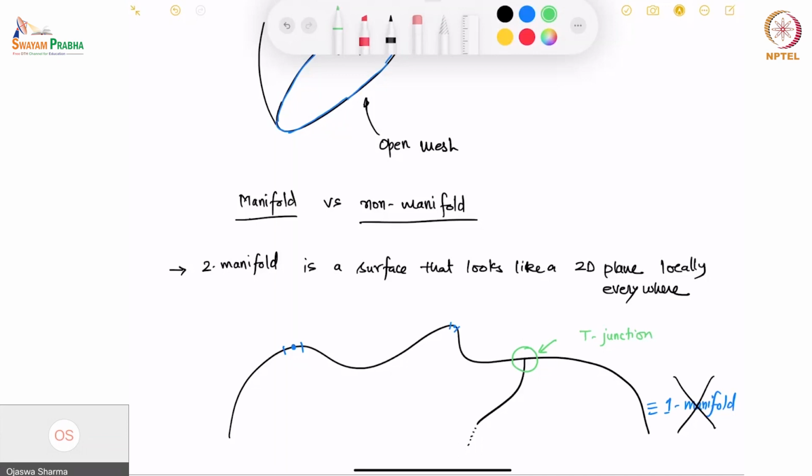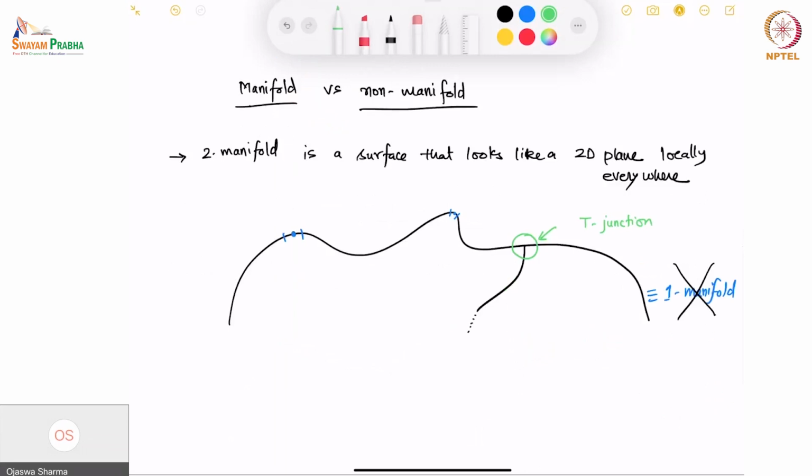So that breaks the manifoldedness of this shape. Similarly, how would a T look on a surface? Let's say you have a surface that looks like this, and then let's say you have another one that goes like this.